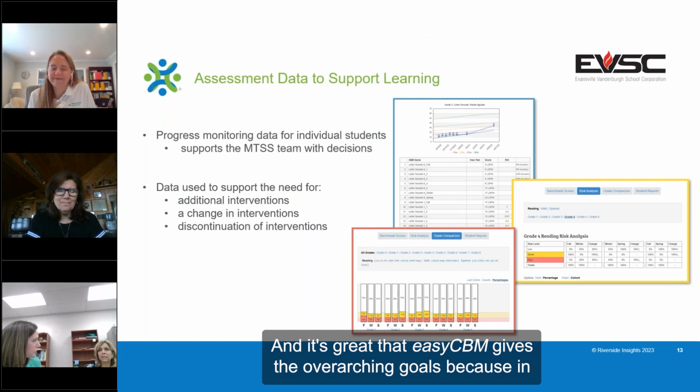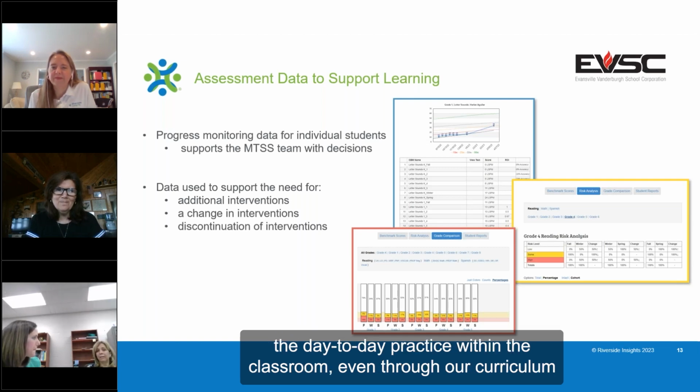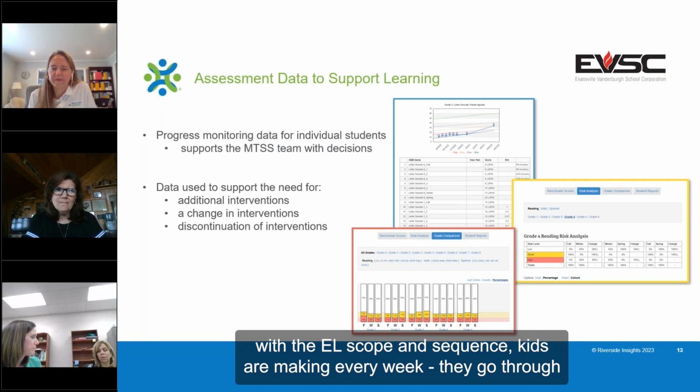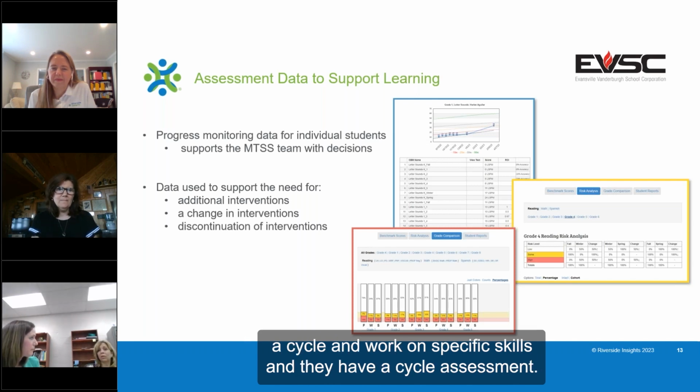And it's great that easyCBM gives the overarching goals, because in the day-to-day practice within the classroom, even through our curriculum, with the EL scope and sequence, every week kids go through a cycle and work on specific skills, and they have a cycle assessment.